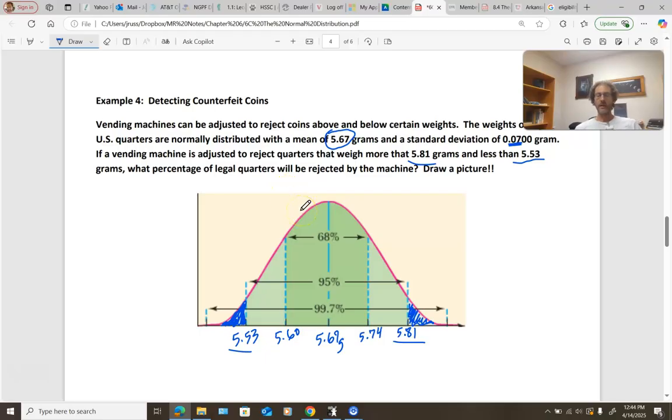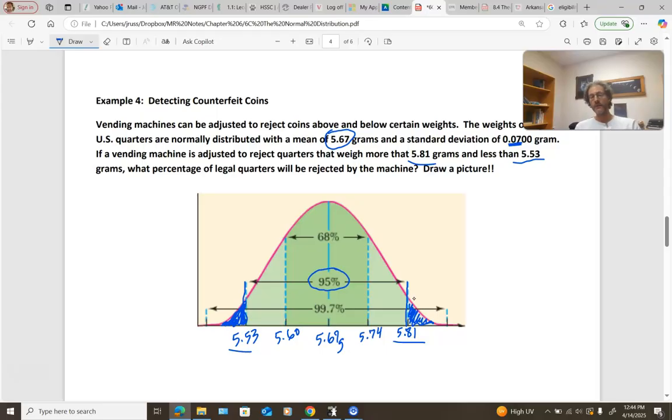Well, we have to use that rule again. This value, 5.53, is 2 standard deviations below the mean, and 5.81 is 2 standard deviations above the mean. And that rule tells us that within 2 standard deviations from the mean, we have 95% of our data.